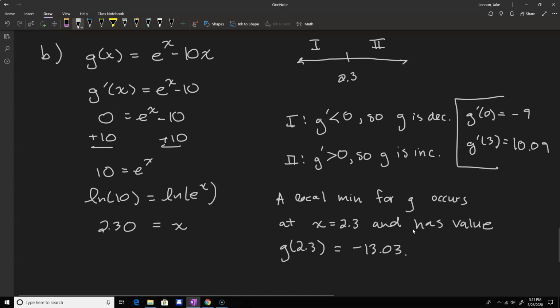So the local min has coordinates 2.3 comma negative 13.03. So those are the values there.